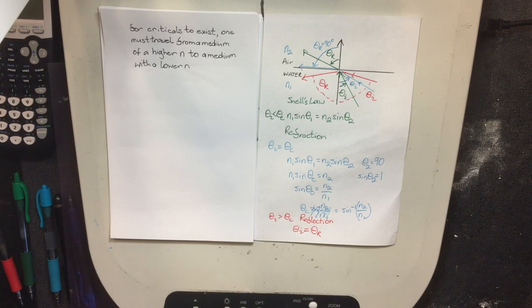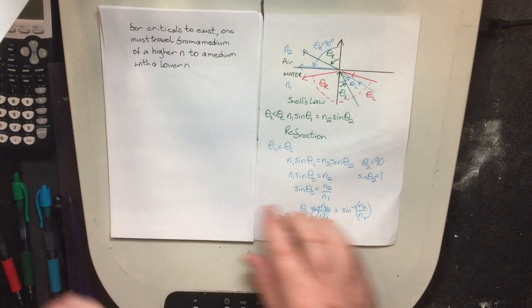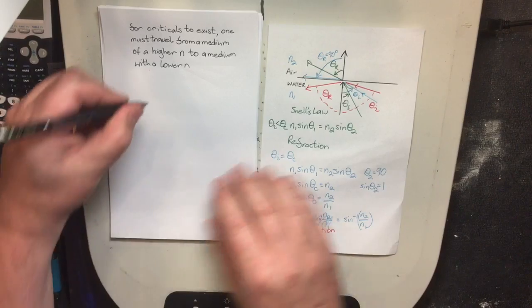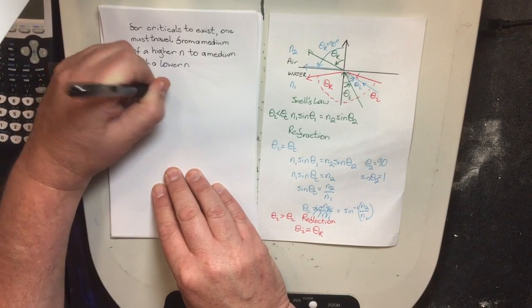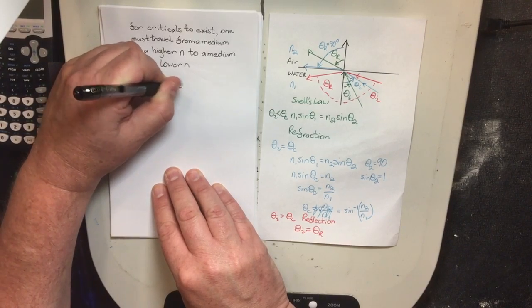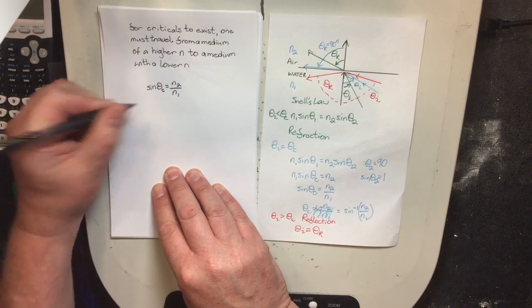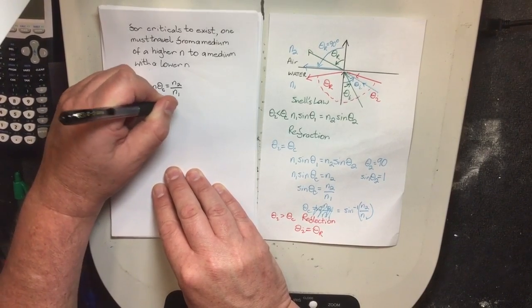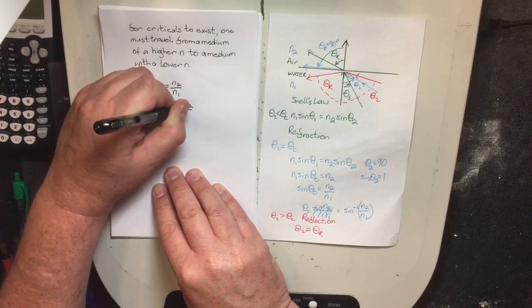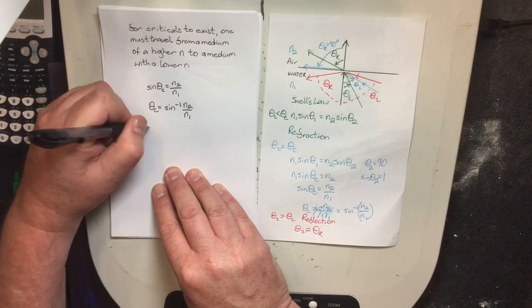In order for total internal reflection to occur, you're traveling from a medium of higher n to lower n, and the critical angle equation is this, or you could say that the critical angle is the inverse sine of n2 divided by n1.